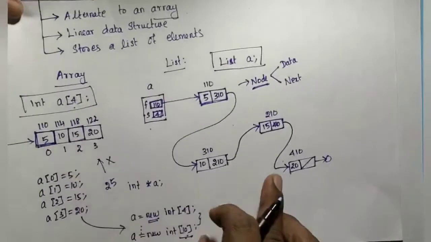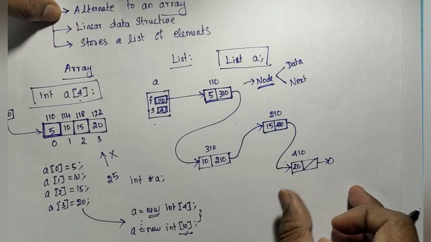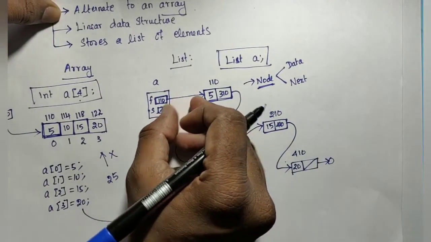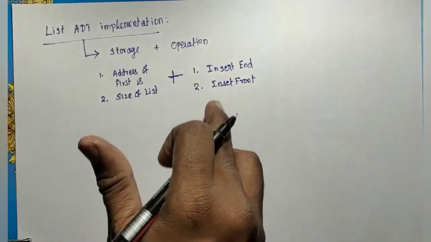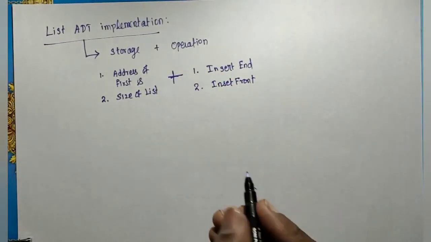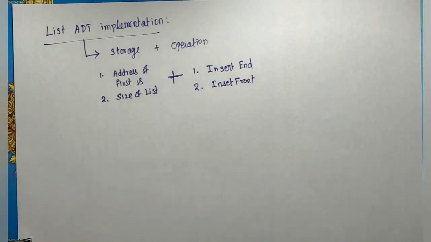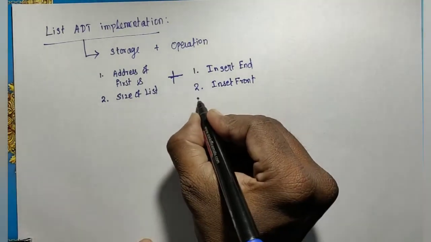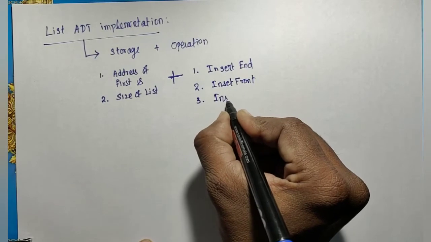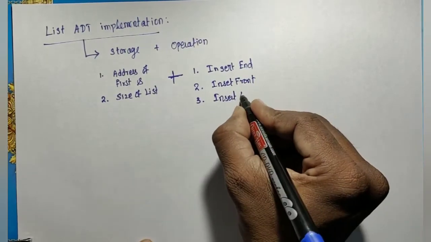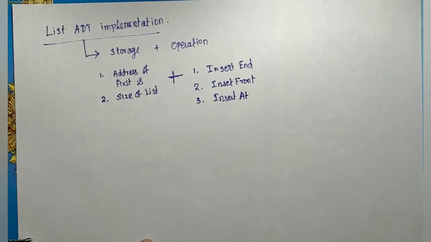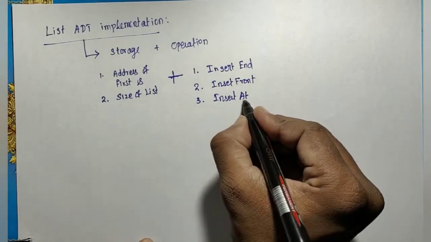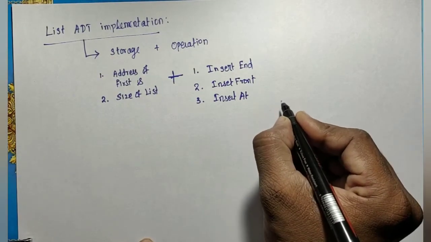Wherever you want to insert, at the end of the list or in the beginning, you can insert. So for that, I need to define different operations. Suppose you want to insert an element as the fourth element, in the fourth location, you can add that also. So, insert at. Insert at means I have to pass the position also.